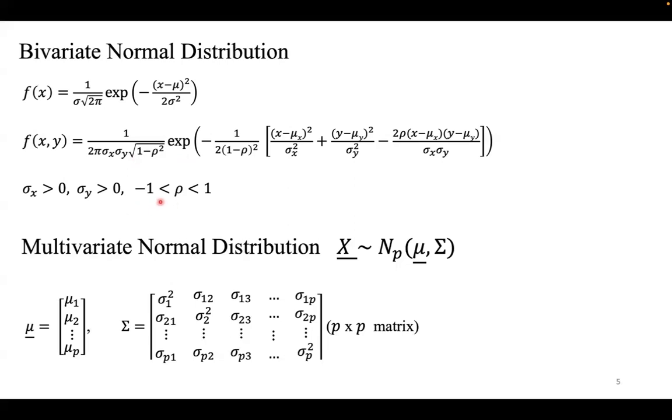Between -1 and 0, it indicates that they have a negative correlation, so when one increases, the other decreases. And if they have a positive correlation, which is between 0 and 1, then one increases and the other also increases.